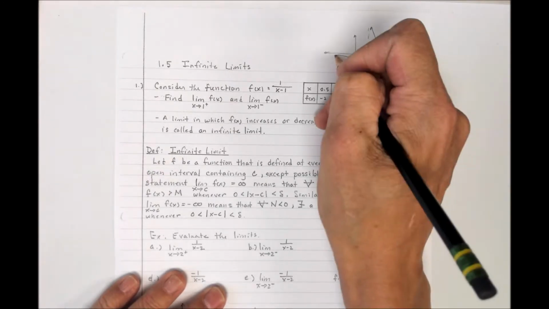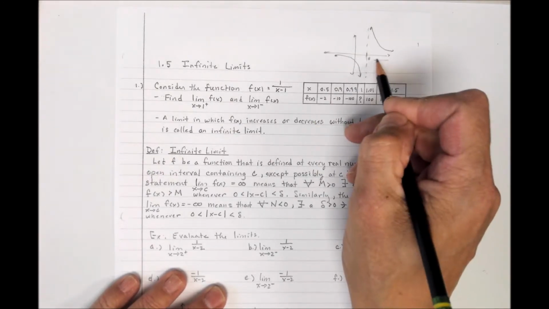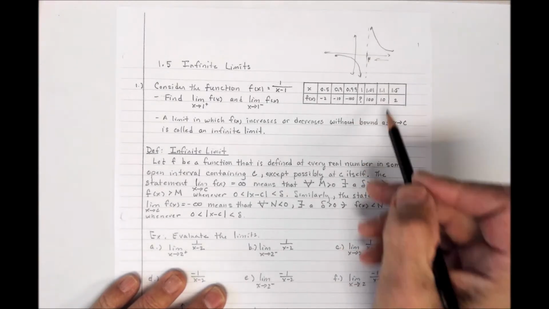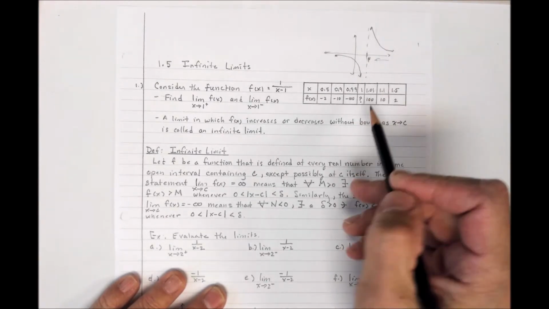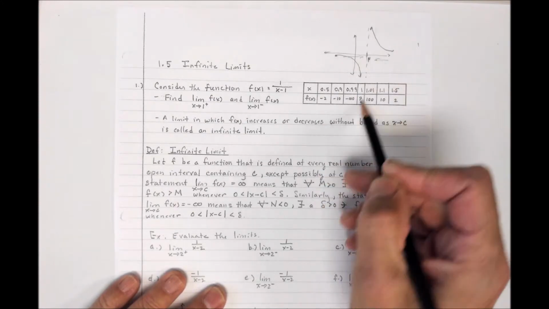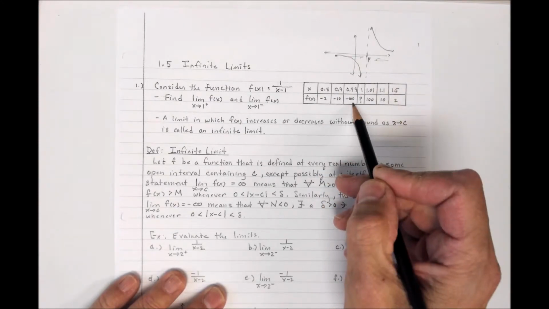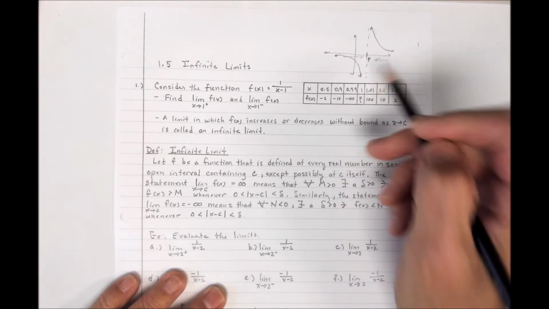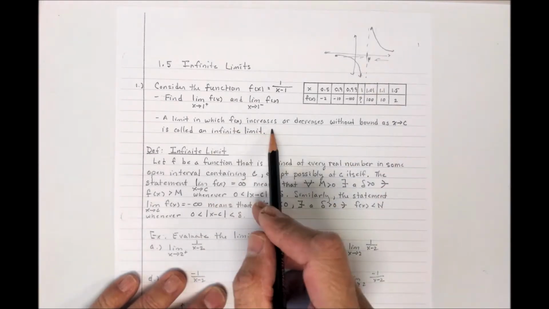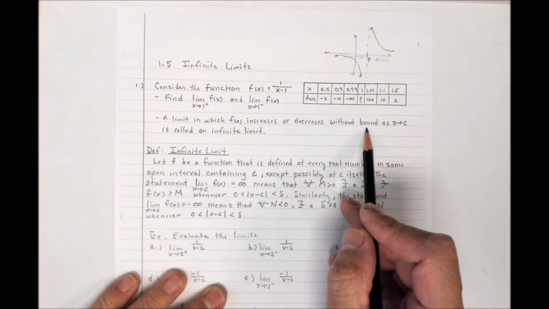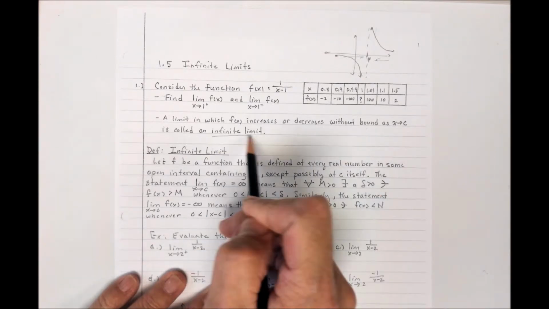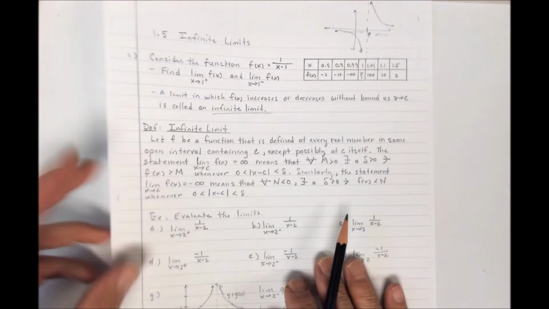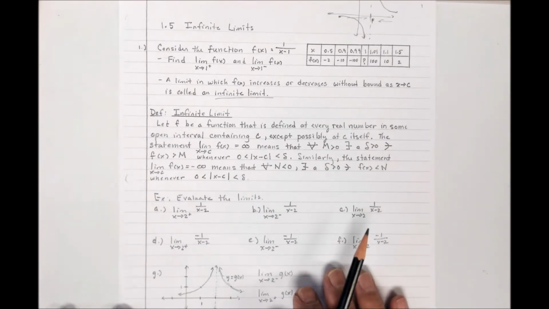And you can see there, as x approaches 1 from the right side, the numbers get bigger, it goes upward, and as x approaches 1 from the left side, the numbers get smaller, absolute value-wise bigger, but the numbers get smaller and are unbounded below. So a limit in which f of x increases or decreases without bound as x approaches c is called an infinite limit.